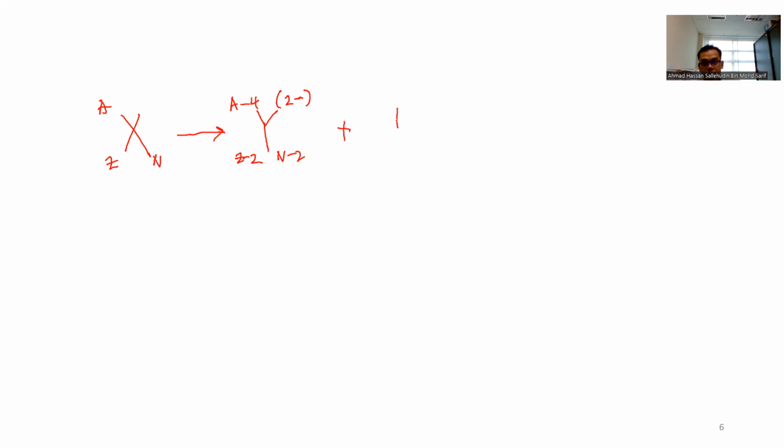And of course, what is emitted is the helium-4 nucleus, so it is 2 plus. So this is what is known as an alpha particle.